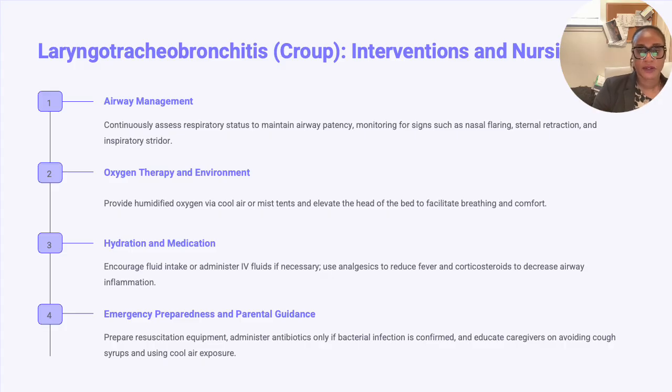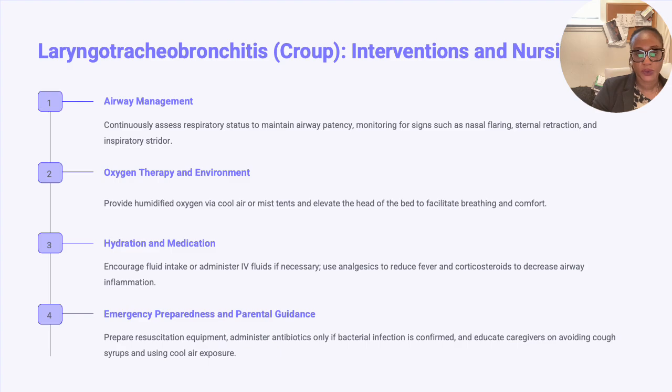Then here we have some interventions in nursing care. Airway management is going to include to maintain a patent airway, assess respiratory status, monitor pulse oximetry, monitor nasal flaring, sternal retraction, and inspiratory stridor. Monitor for adequate respiratory exchange, monitor for pallor or cyanosis.